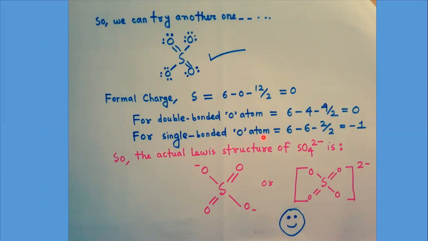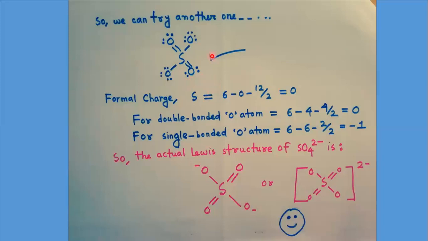And for single bonded oxygen atoms, this is minus 1. So now sulfur and two double bonded oxygen atoms have formal charge 0, and the other two oxygen atoms have formal charge minus 1. As you know, for the perfect structure of any anion or cation or compound, formal charge has to be 0 or closer to 0.